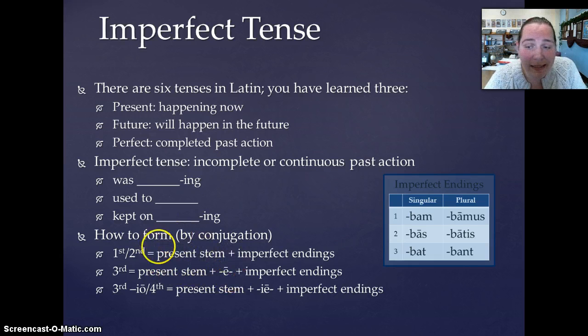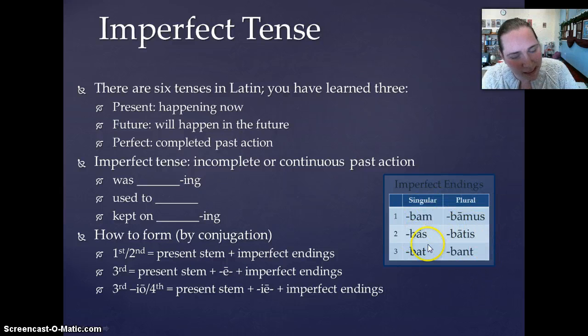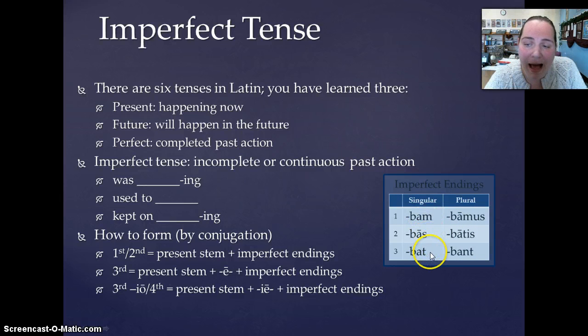You just have your present stem and then you add the imperfect endings, which I have highlighted over here. The imperfect endings are bam, bas, bat, bamus, batis, bant. It even rolls off the tongue. And if we follow the If You Wish Upon a Star melody that we've been using to memorize the endings, it even fits our little rhythm.